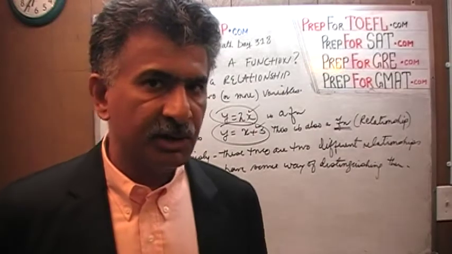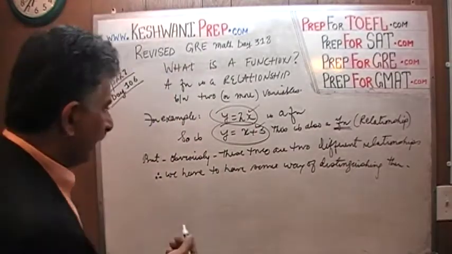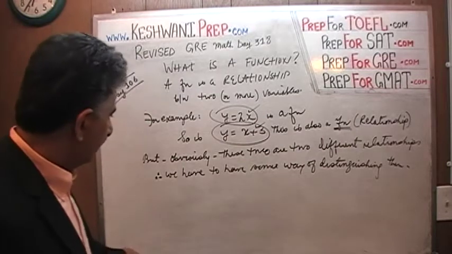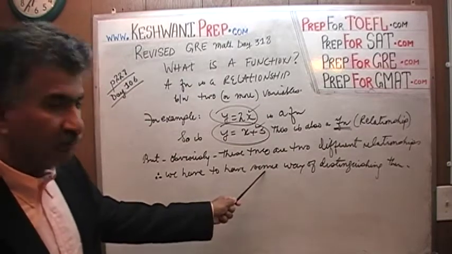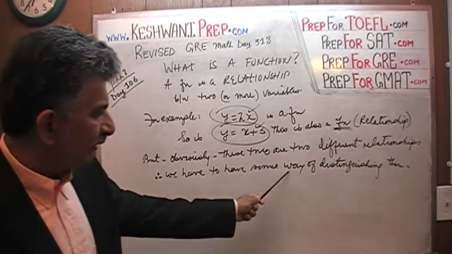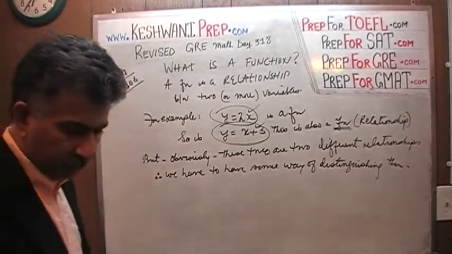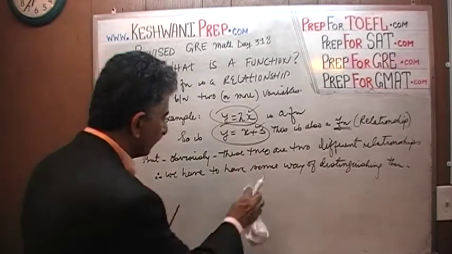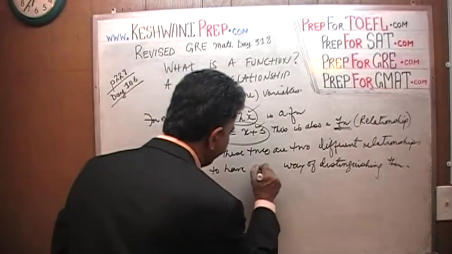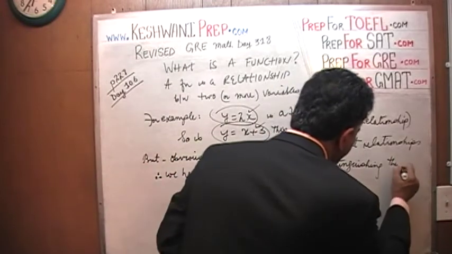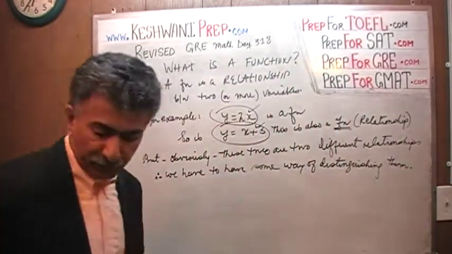We give these relationships names. I hope you can read my handwriting. We have to have some way of distinguishing them. I know the handwriting is atrocious. And how do we do that?